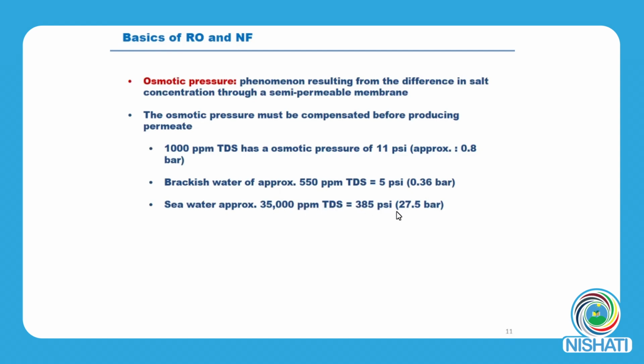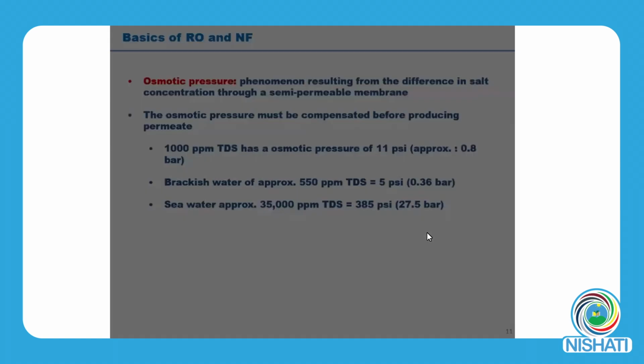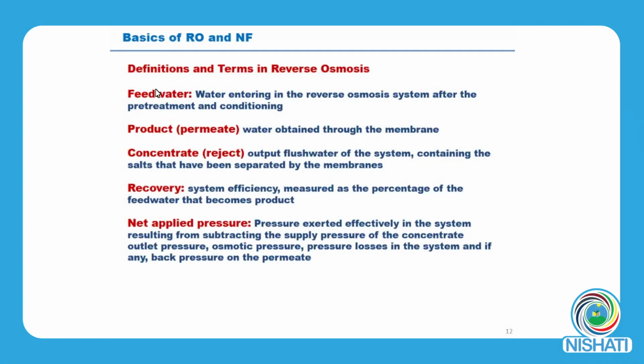For those parts of the world containing about 35,000 milligrams per liter of TDS, osmotic pressure is almost 27.5 bars, and this is important to know. So, some definitions. We will come back to the osmotic pressure in just a couple of slides.